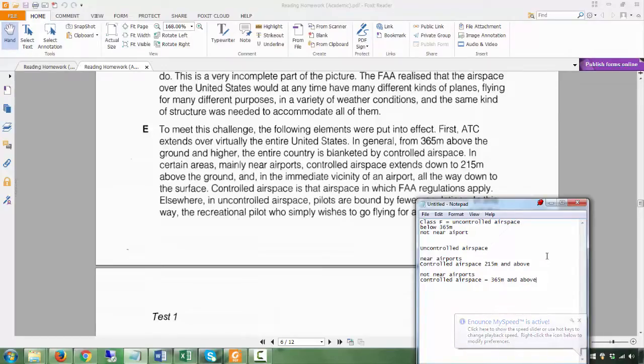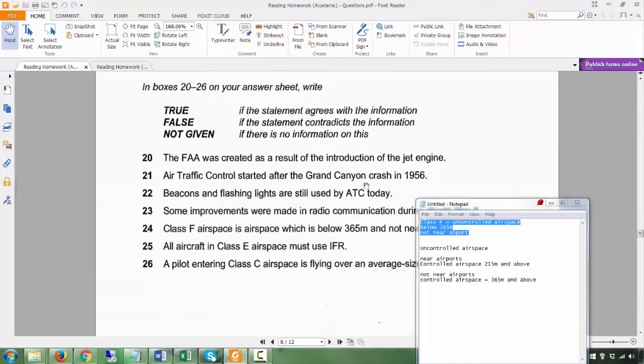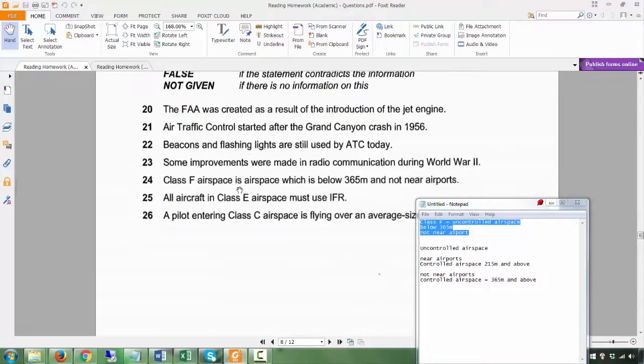So what happens to this is not near airport. So let's go back to the question. Class F airspace, which is uncontrolled airspace, is airspace which is below 365 and not near. So 365 meters and above is controlled.